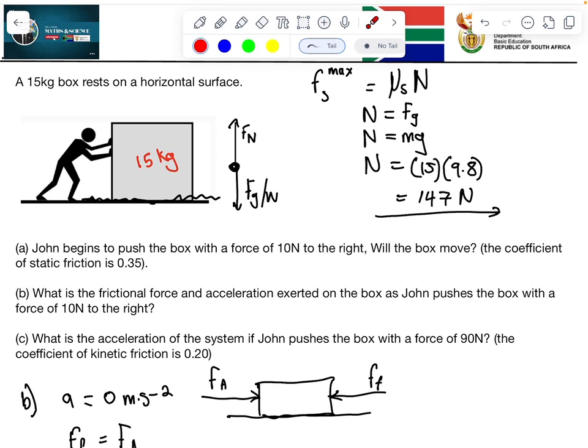Let me write it down here. Our static friction was 51.45 newtons. So I want you to notice something. This maximum static frictional force is less than the force applied, and therefore as a result the box will move now, right?